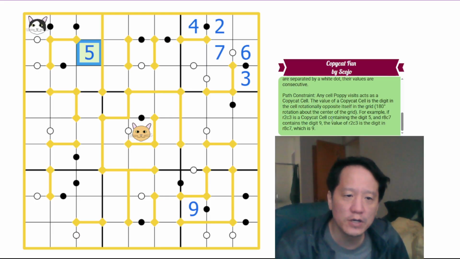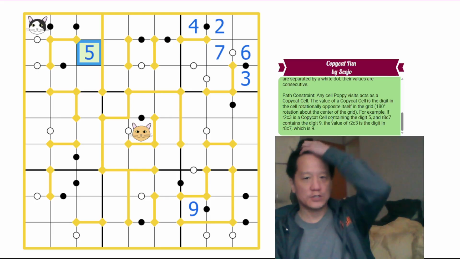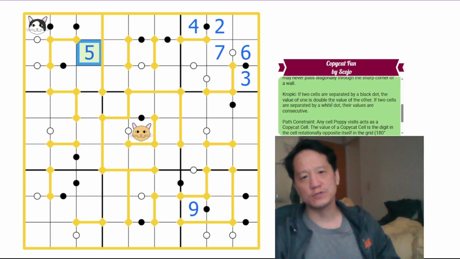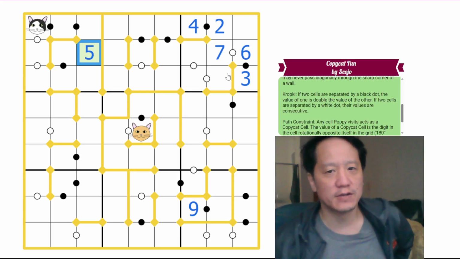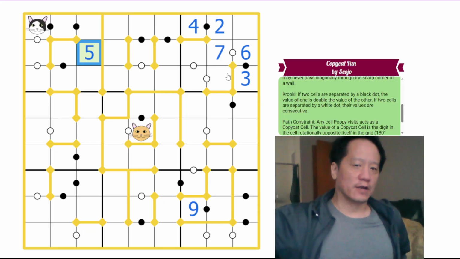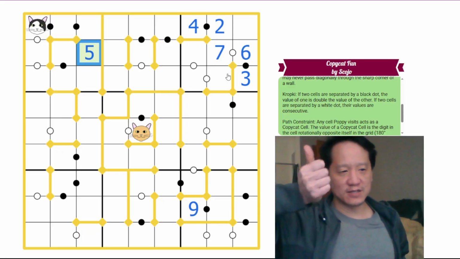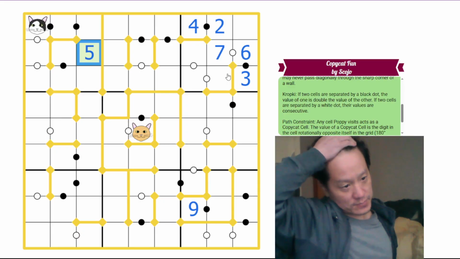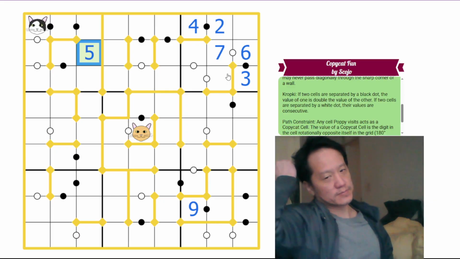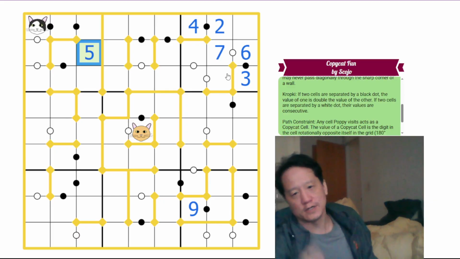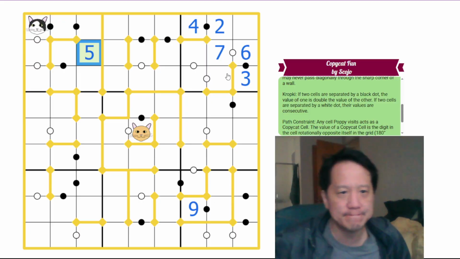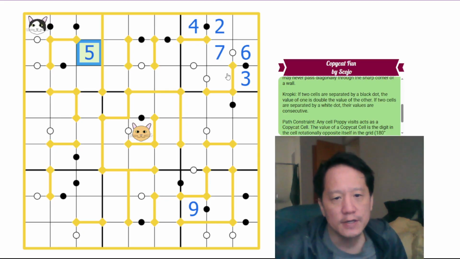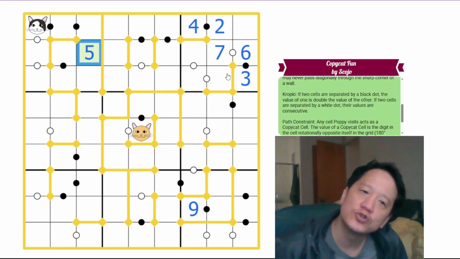Oh, okay. That's okay. Right, he does say values. So the values, okay, yeah. Again, Kropke is basically just value, so keep that in mind. That is interesting.